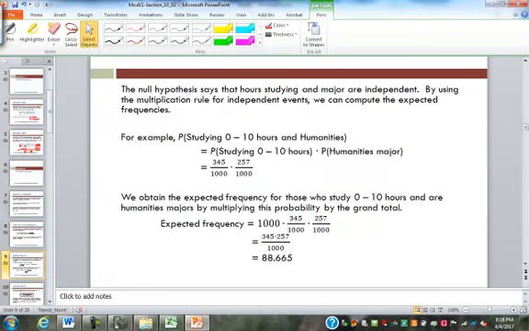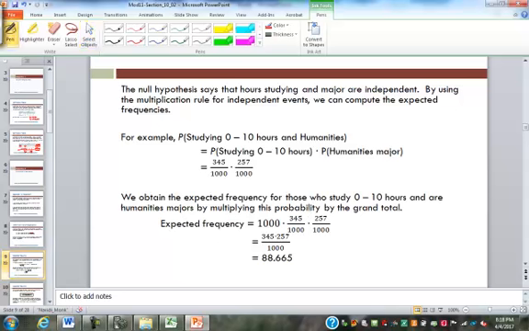That's basically what they're hinting at down here: the probability of studying 0 to 10 hours times the frequency of the humanities majors, or the other way around, the frequency of studying 0 to 10 hours times the probability of being a humanities major. You can see they're looking at the row total and expanding this out.